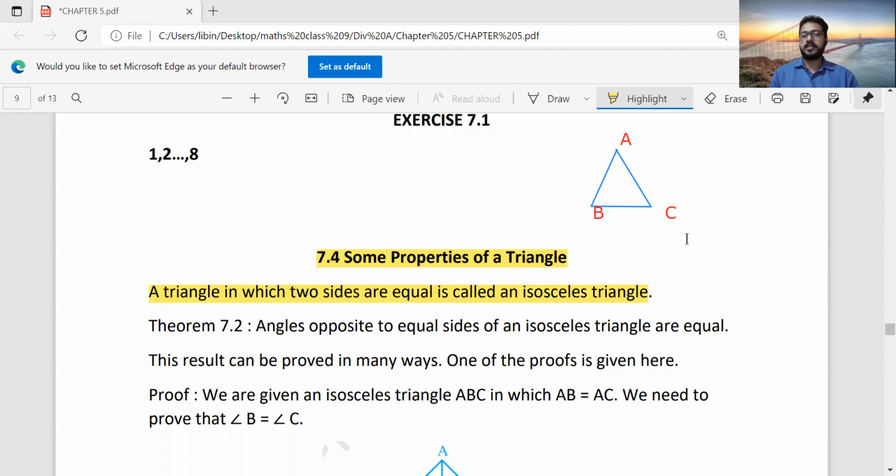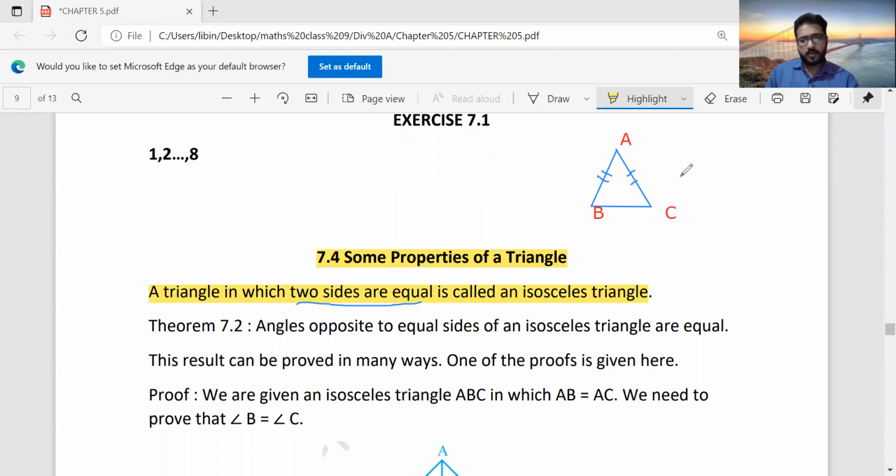Okay, I am calling it triangle ABC. And when can we say that the triangle ABC is an isosceles triangle? As our definition says, a triangle in which two sides are equal. See, if this side and this side, that is side AB is equal to AC, then we can say that these two sides are equal, and thus triangle ABC is an isosceles triangle.